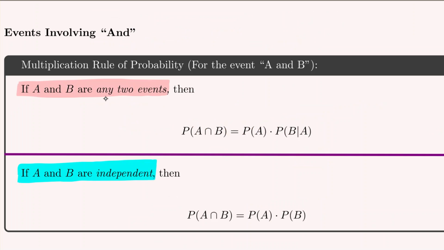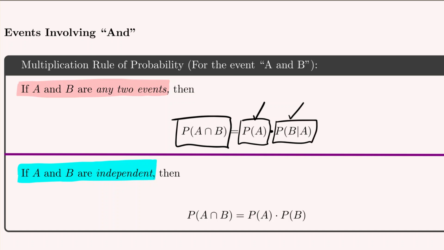If A and B are just any 2 events, then the probability that A and B occurs is equal to the probability that A occurs multiplied by the probability of B given A. We'd use this formula when we knew the probability of A and the probability of B given A, and wanted to find the probability of A intersect B. If we have two of the three pieces, we can use this formula and manipulate it to solve for the missing piece.